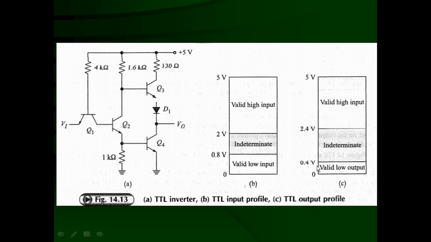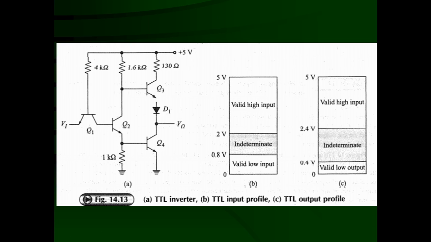There is a low window from 0 to 0.4 volt, considered to be a very low output. From 0.4 to 2.4 is considered the indeterminate window, and from 2.4 to 5 volt is considered the valid high state output.